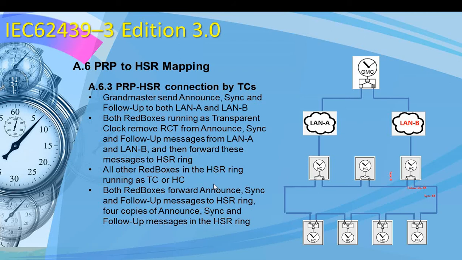So based on the standards, we can highlight a few major items here. The grandmaster sends out announce, sync, and follow-up to line A and line B. The two RedBoxes are running as transparent clocks, which means this one and this one forward all the messages from line A and line B to the HSR ring.